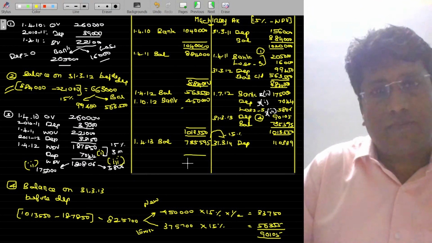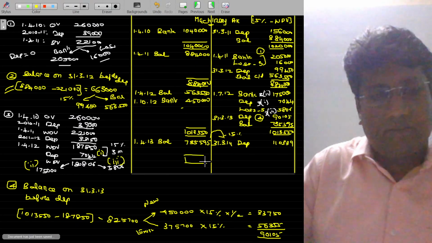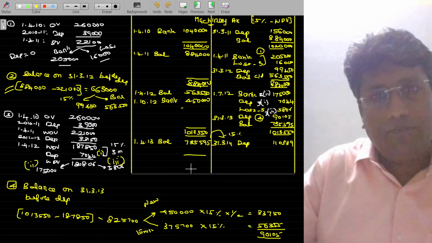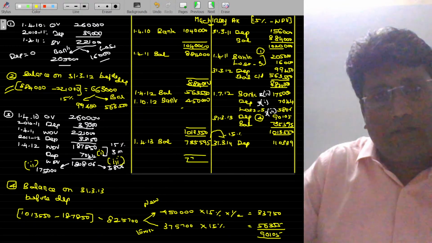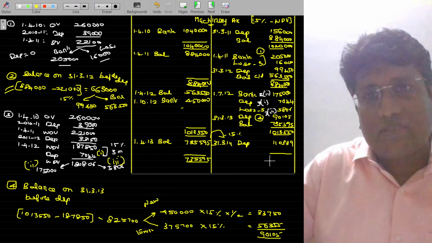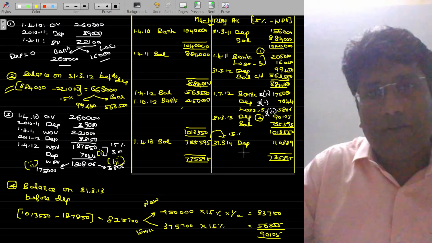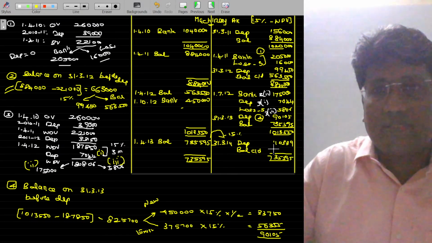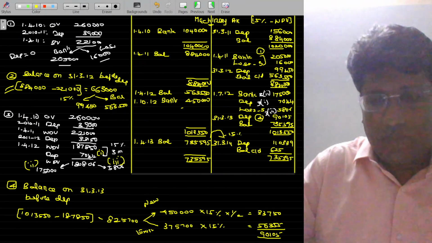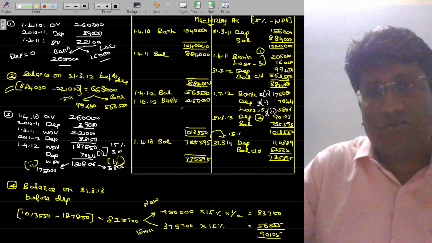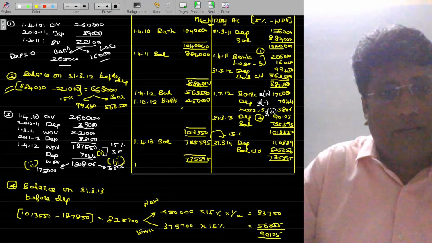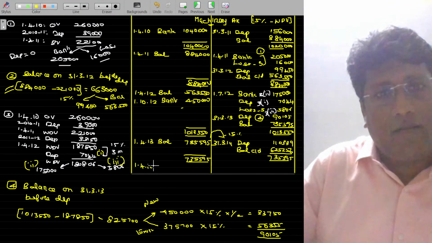Now I tally this: 7 lakhs 35,595, 7 lakhs 35,595. Balance carried down on that date 6 lakhs 25,256, and carried to the next year, 1/4/14 balance.